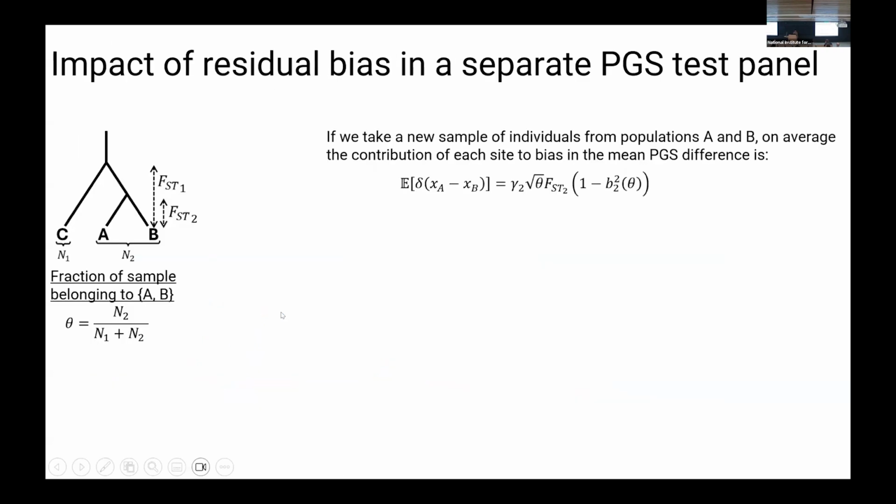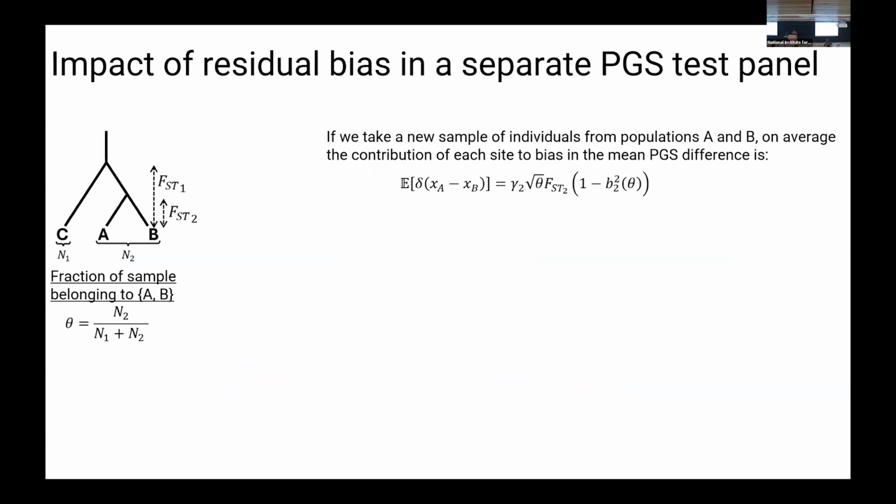So what happens if we take these effect sizes and use them for a polygenic score? How do these biased effect sizes influence polygenic score results? We can take a sample of individuals made up of A and B. For simplicity, we'll say the test sample is made up purely of A and B individuals.